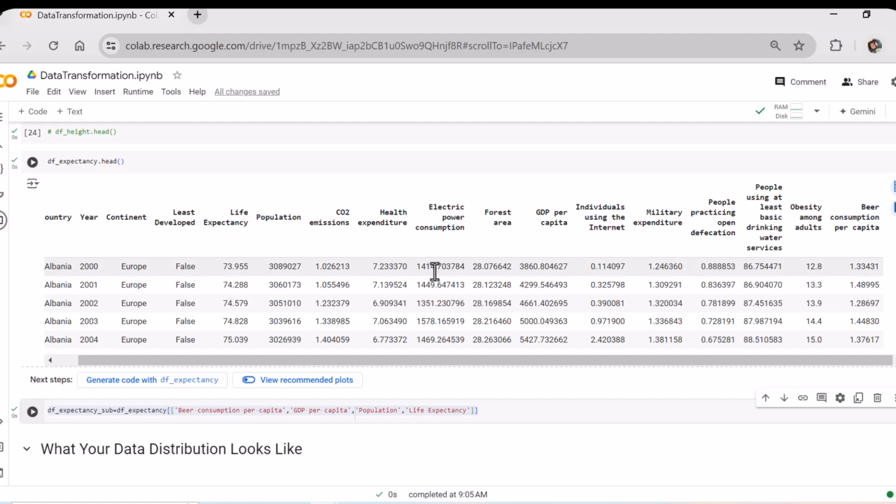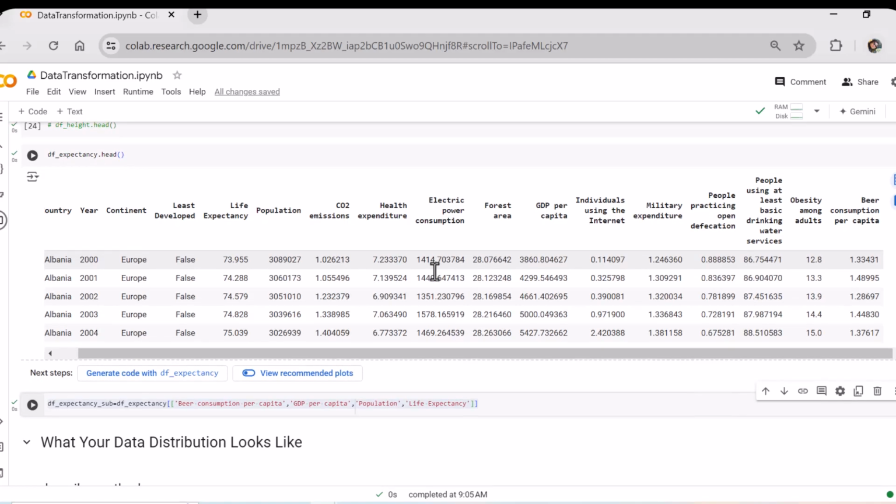Since this dataset contains a good number of columns, I have decided to create a subset by extracting only 3 or 4 columns. The focus over here is to understand data transformation, and we will not be going into any detailed EDA or ML modeling.